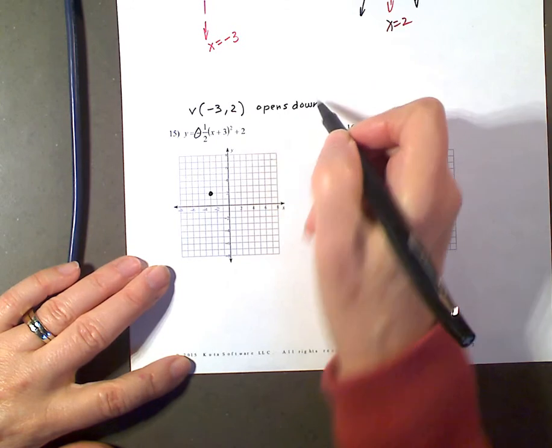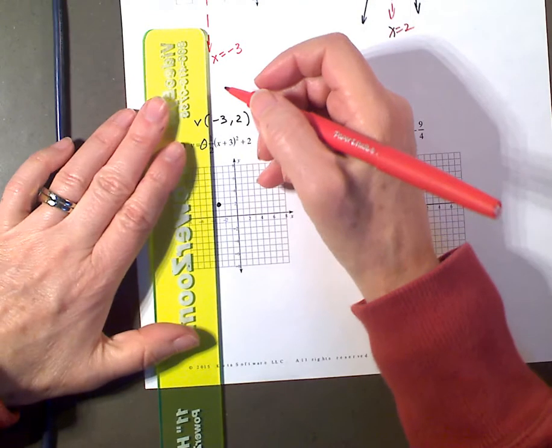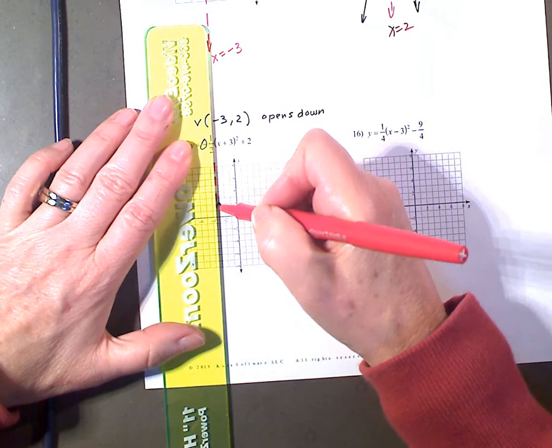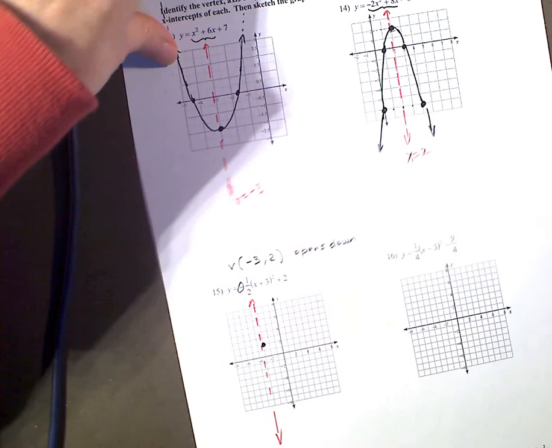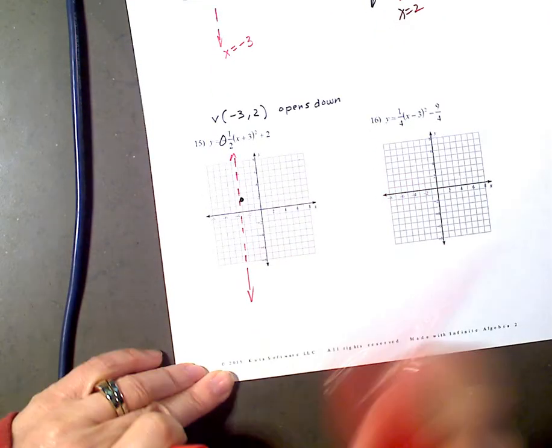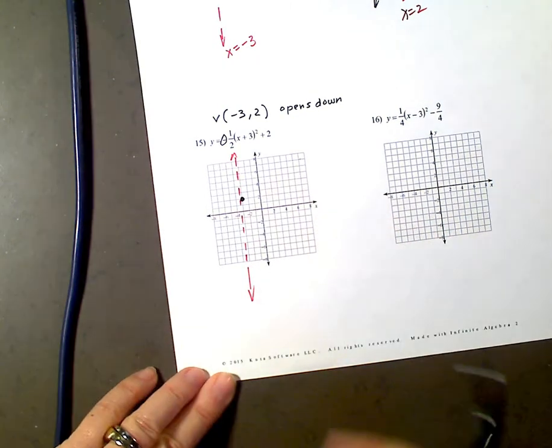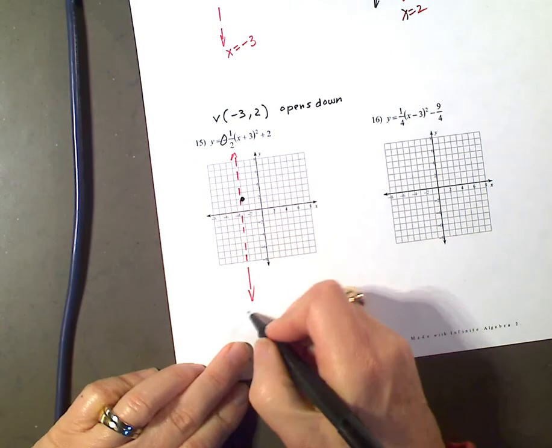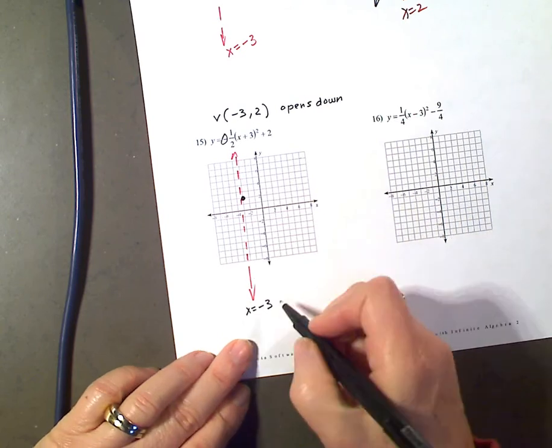So we can see that we will have two x-intercepts. So answering all the questions that we need to answer about this, the axis of symmetry is at x equals -3. We're opening down.